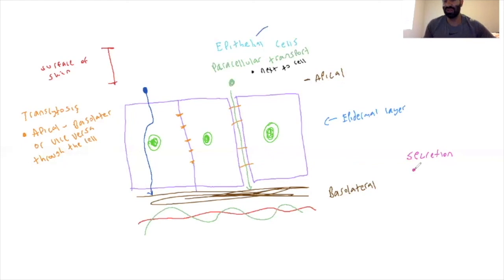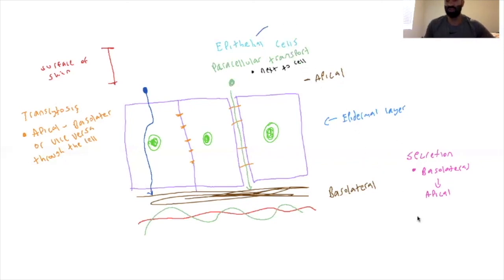Secretion is from, well, actually, both transcytosis and paracellular transport. Sorry for the confusion. So secretion goes from basolateral to apical, because when you secrete something, you are putting it toward the surface of the body or into the lumen.